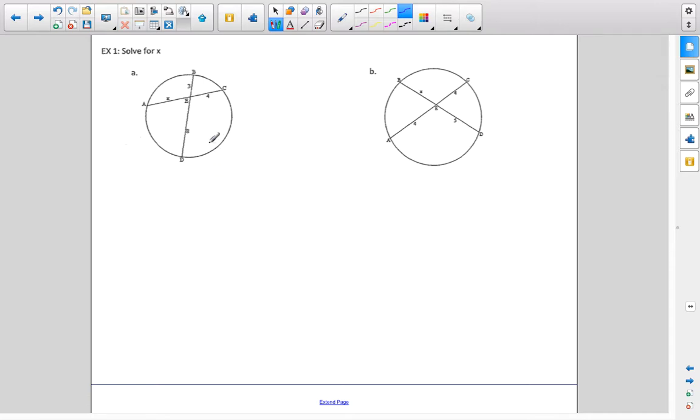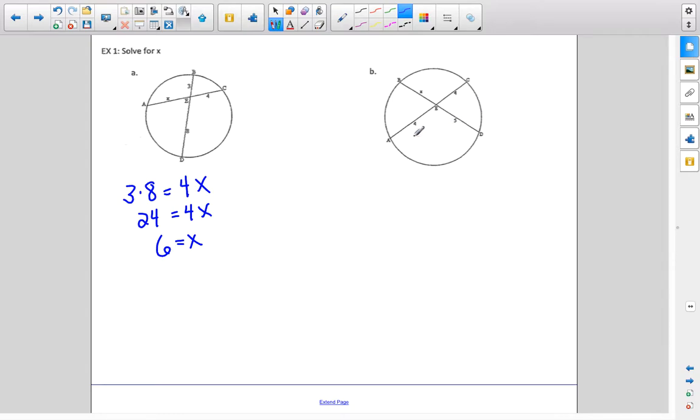Okay, so let's do some practicing here. I see two chords that intersect, so I see two parts on AC and I see two parts on BD. So I'm going to take the 3 times the 8, and that will equal the 4 times the x. Or 24 equals 4x, and when I divide both sides by 4, I find out x is 6.